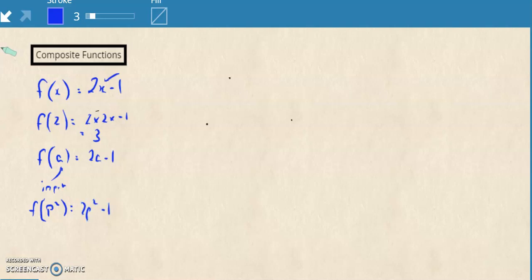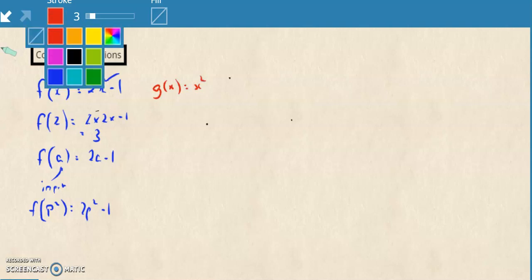You get the idea. Okay, let's say we introduce another function and call it g, and we let that function be x squared. And let's say that we would like to compose these functions.